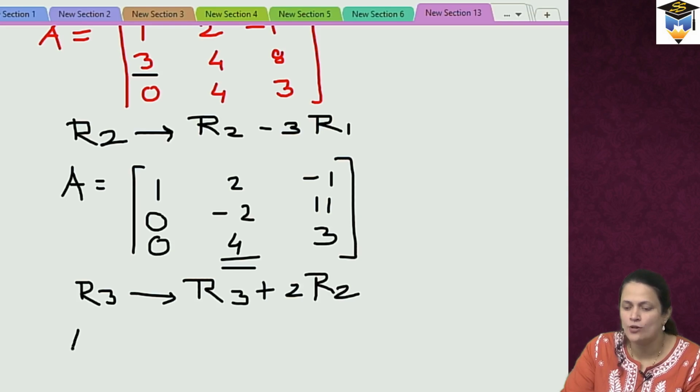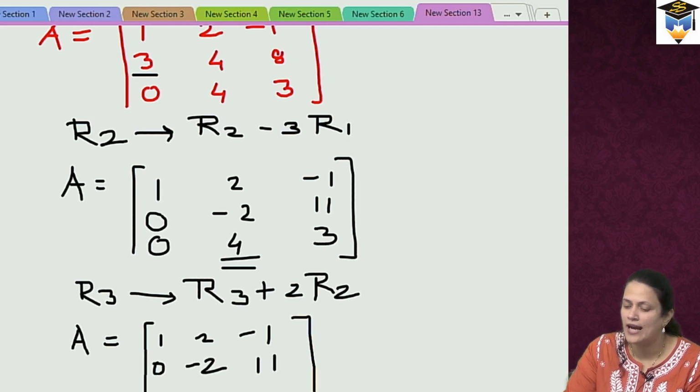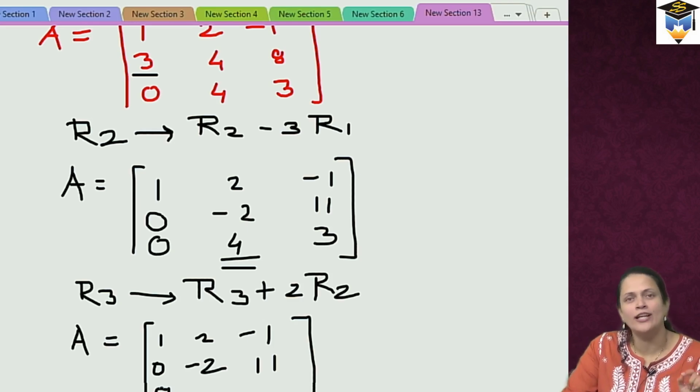So as you can see over here, first 1, 2, minus 1, 0, minus 2, 11 will remain as it is. Now R3 is going to change, so this is going to be 0. Next, 4 minus 2 into 2, that becomes 4 minus 4, so here I am going to get a 0.